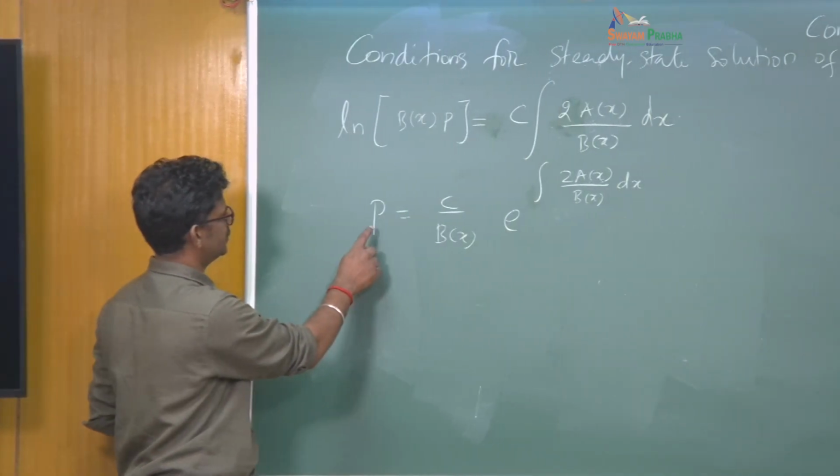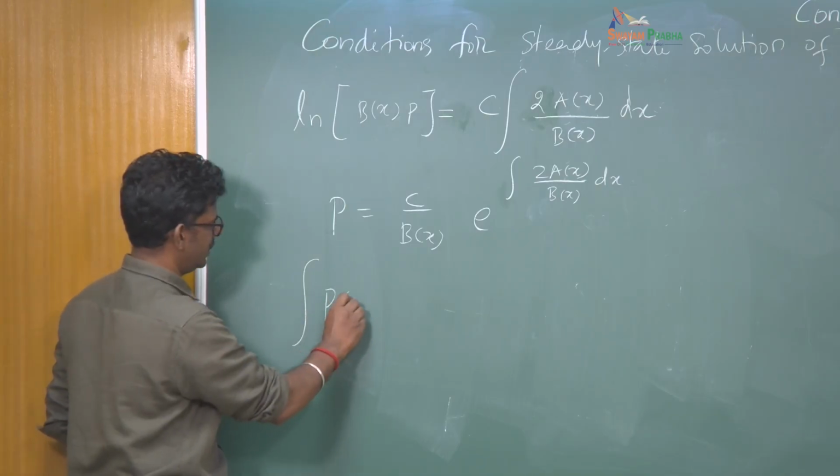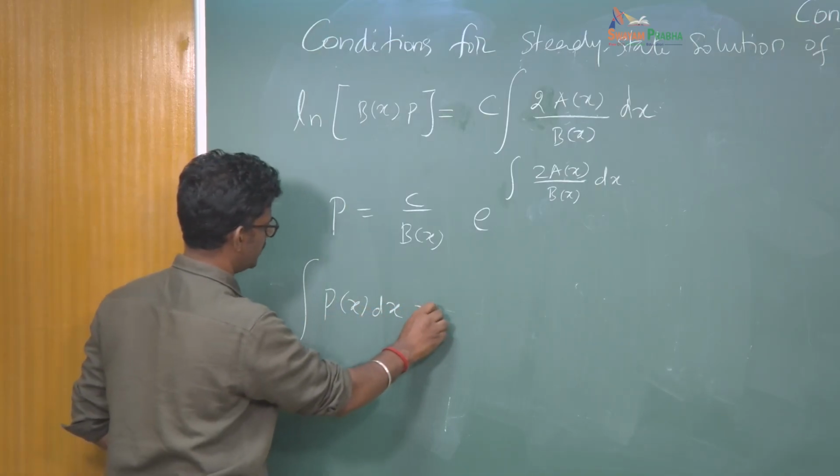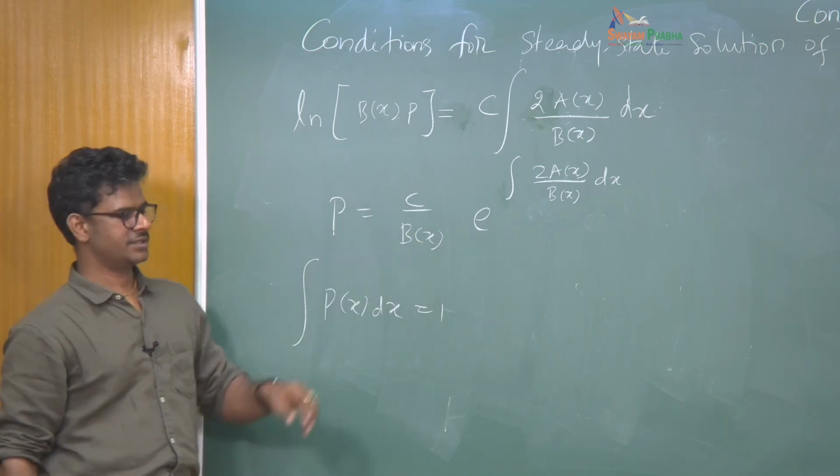Obviously this function has to satisfy the normalization condition, that is the integral of p(x) dx has to be 1. So we can use this to calculate the unknown constant c.